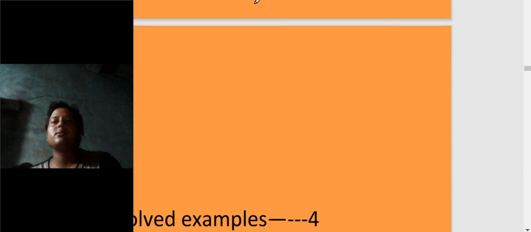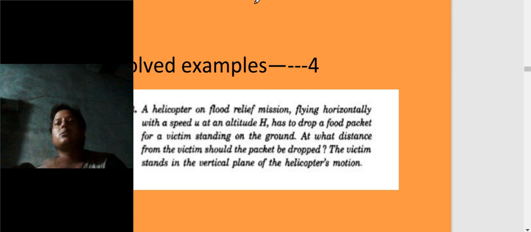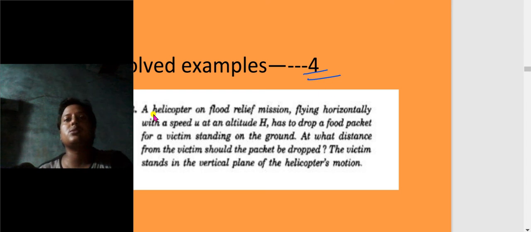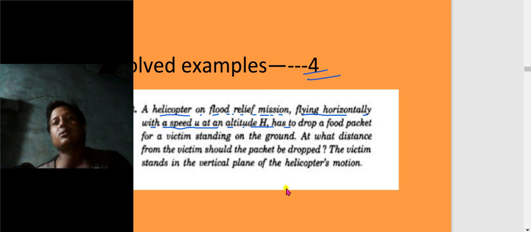Now solved examples of SCB. We have 4 questions. First question: a helicopter on a food relief mission is flying horizontally with a speed u at an altitude h.